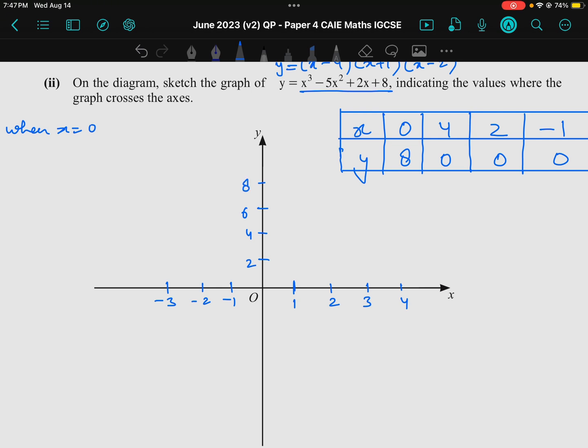So when x is 0, y is equal to 4, so this is the point. When x is 4, y is equal to 0, this point. When x is 2, y is 0, this point. When x is minus 1, y is 0, this point.